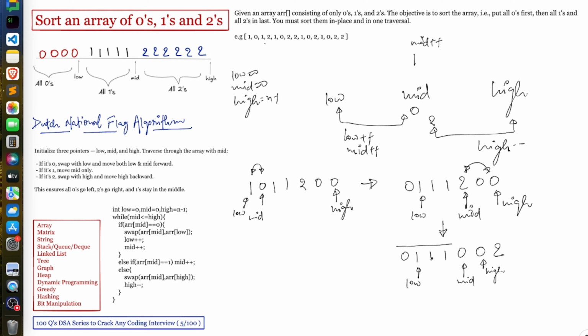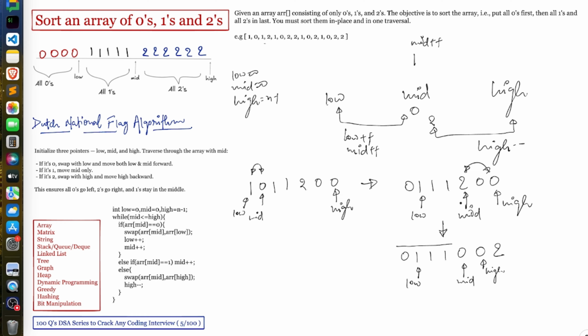Before mid your array would look like a few zeros and a few 1s, right? But if you do mid plus plus and you have a 0 here, then it is not sorted. It would look like 0 1 1 1 1 1 and then 0, and then mid would be pointing to the next index. That is the reason why we are not doing mid plus plus here. Instead we are waiting for the next step.